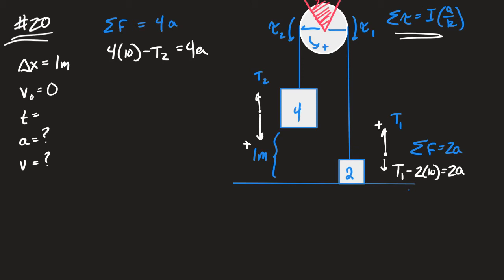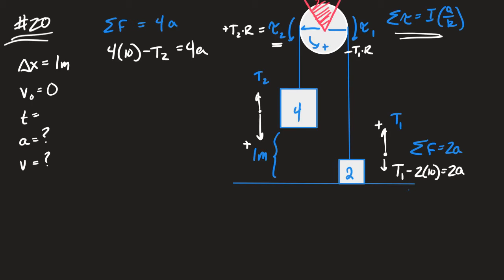Now, with that, I'm going to go up here and deal with my torque equation. On this side, I've got a torque that's going to be, well, T2 times R, and it's positive. On this side, I've got T1 times R, and it's negative. Those are the two torques that act on the wheel.